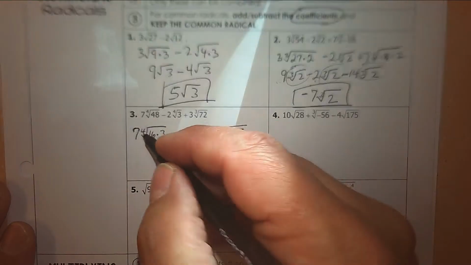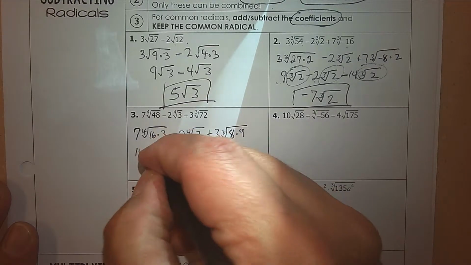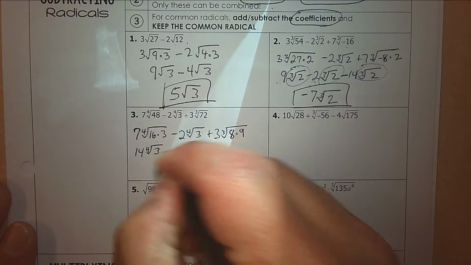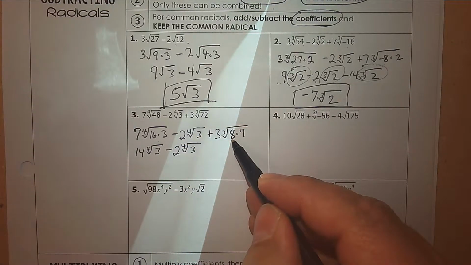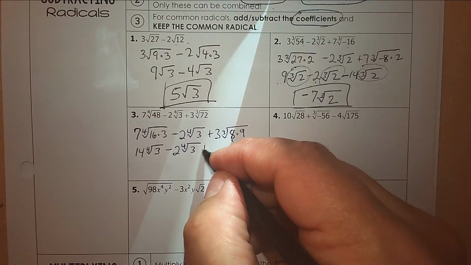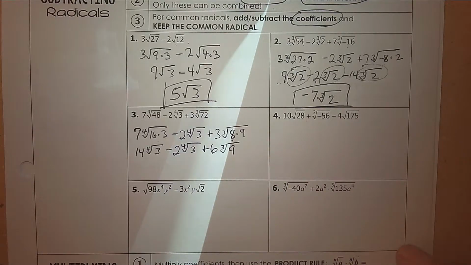So the fourth root of 16 is 2, and 2 times 7 is 14. The next one was prime. The cube root of 8 is 2, and 2 times 3 is 6. And what's left over is the cube root of 9.